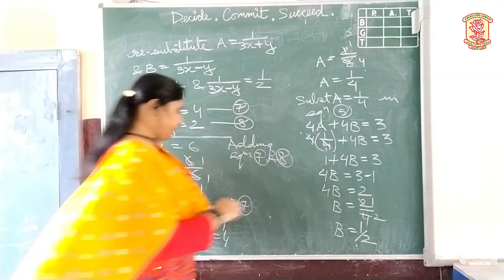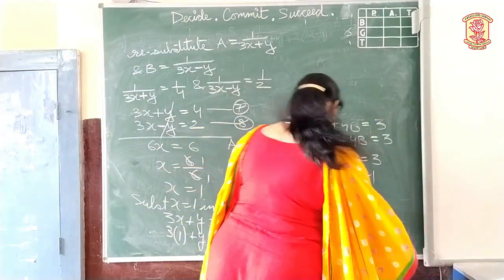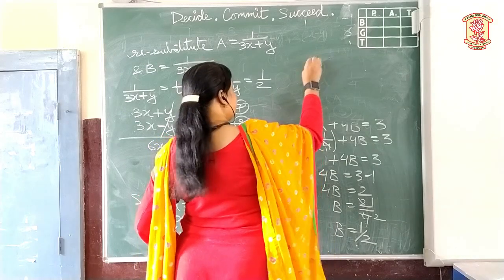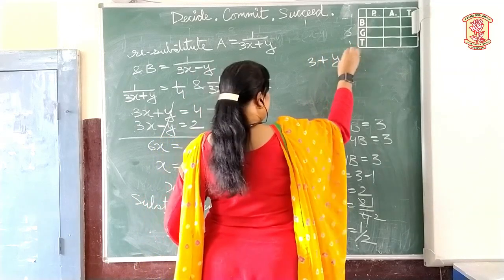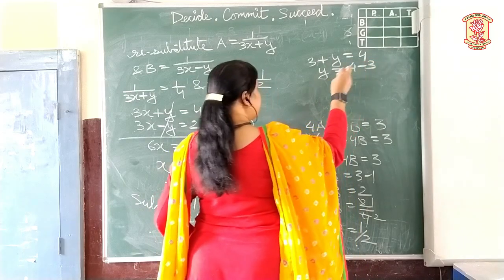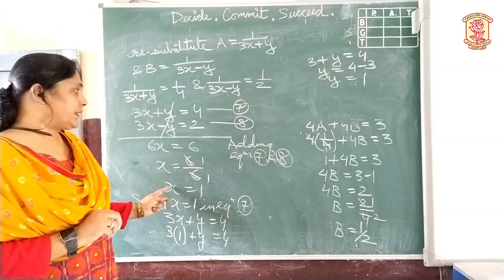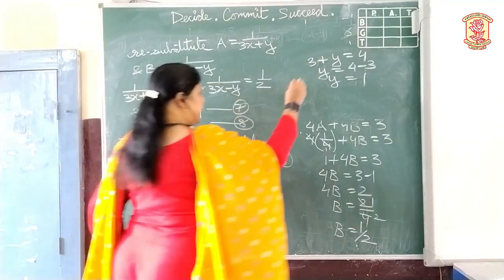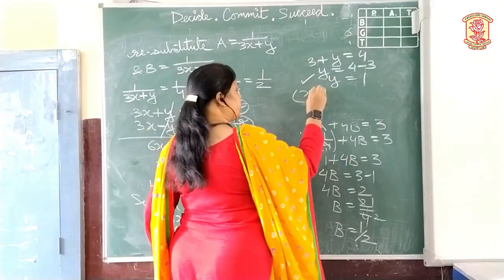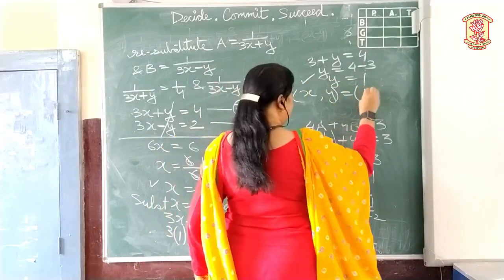So here this becomes 3 plus y equals 4. So the value of y will be 4 minus 3. So y is 1. So we got the value of x, we got the value of y. So the solution of this equation is (x, y) equals (1, 1).